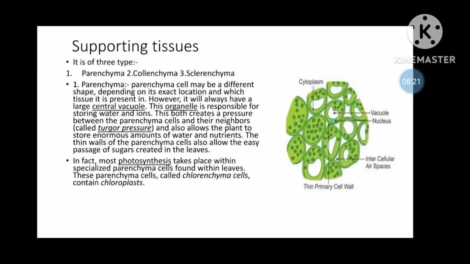You know, most photosynthesis takes place within a specialized parenchyma cell found in the leaves. These parenchyma cells are called chlorenchyma cells, which contain chloroplasts, and you know that in chloroplasts the chlorophyll is present, and chlorophyll is mainly involved in the photosynthesis process.